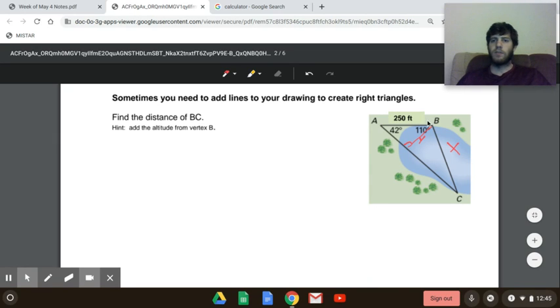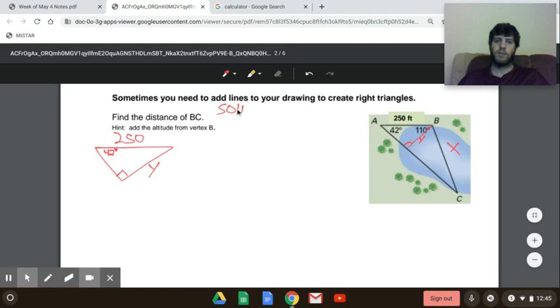Right, so we know, again, if we want to redraw this triangle, here's our right angle. This is 250 feet. This is 42 degrees. And we want to find what we called Y here. So we're again going to use SOHCAHTOA.